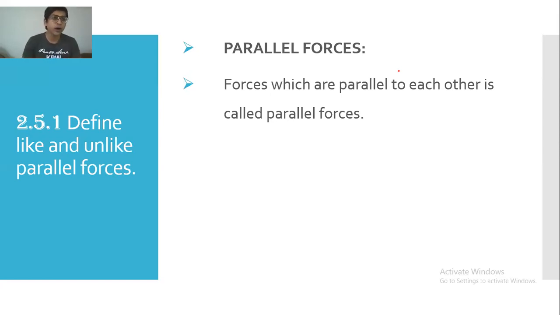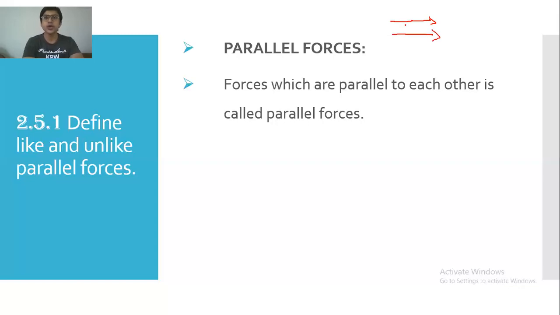And you know very well what parallel lines are. Those lines which do not intersect at a point are called parallel lines. Let's look at a figure. For example, I'm drawing a figure like this. This is a line, and this is another line. Just assume that it is a very straight horizontal line.